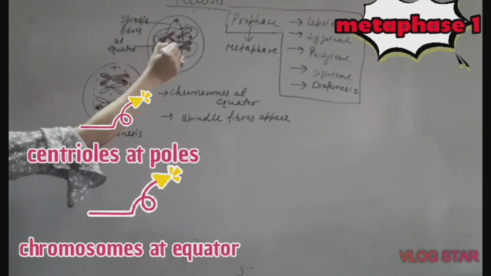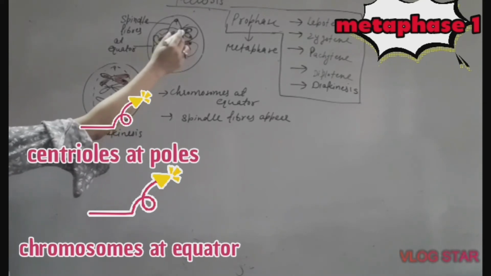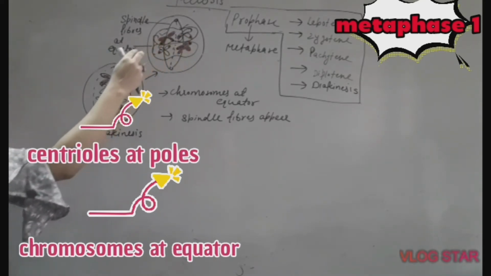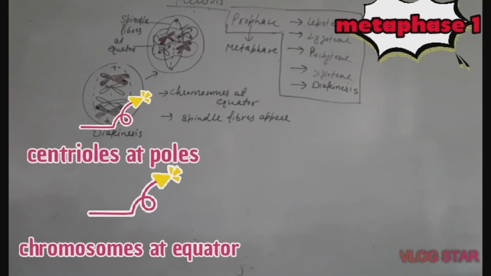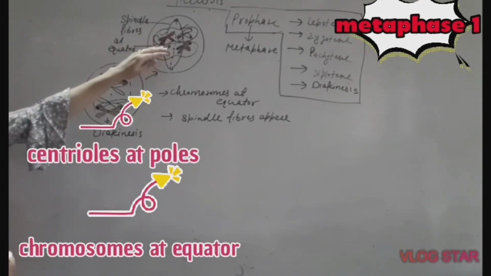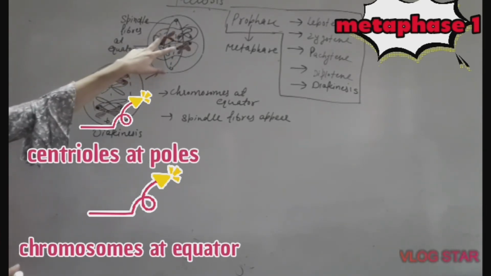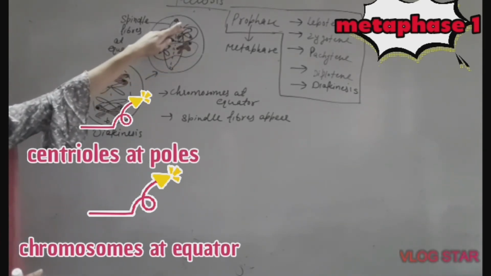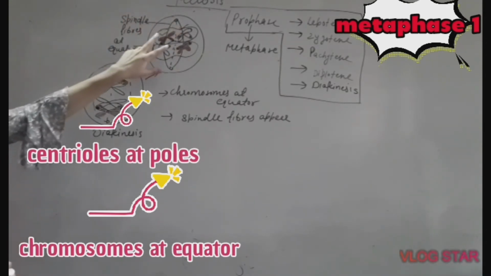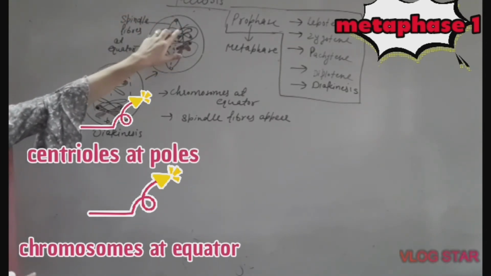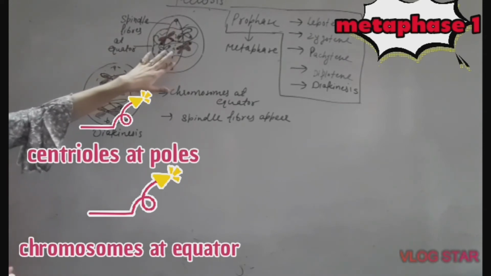Bivalent is the pairing of homologous chromosomes. So they arrange themselves at the equator in metaphase, and this distribution is unequal. Like, I have not drawn two red chromosomes on one side. This is unequal distribution. You can draw two similar chromosomes on the same side or two other similar ones on the other side.